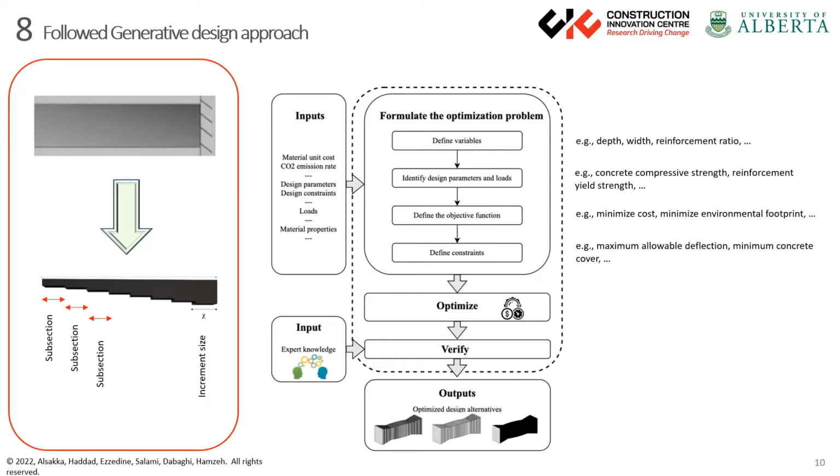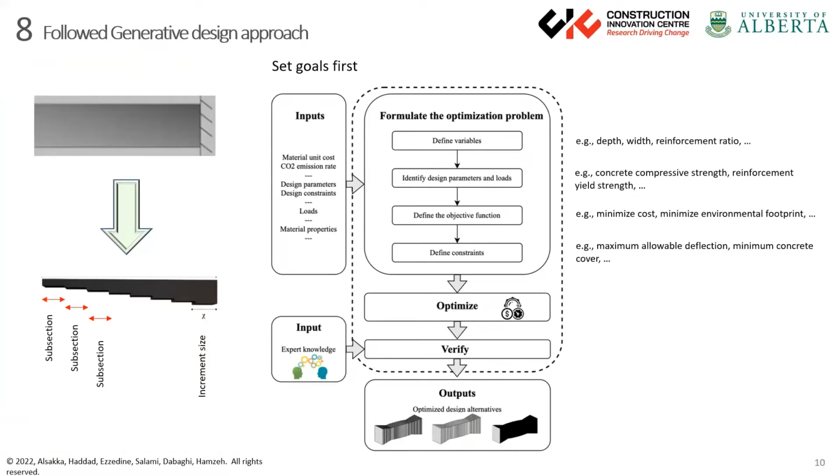And of course, since each subsection is subjected to different loading conditions, it's going to have a different cross-section. Now, the user may decide on the number of subsections, but generally, as we increase the number of subsections, we get more optimal solutions and more curved, or smoother, shapes.